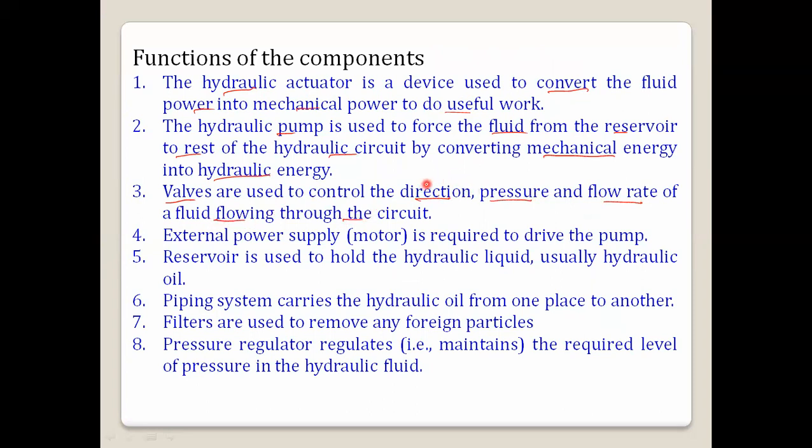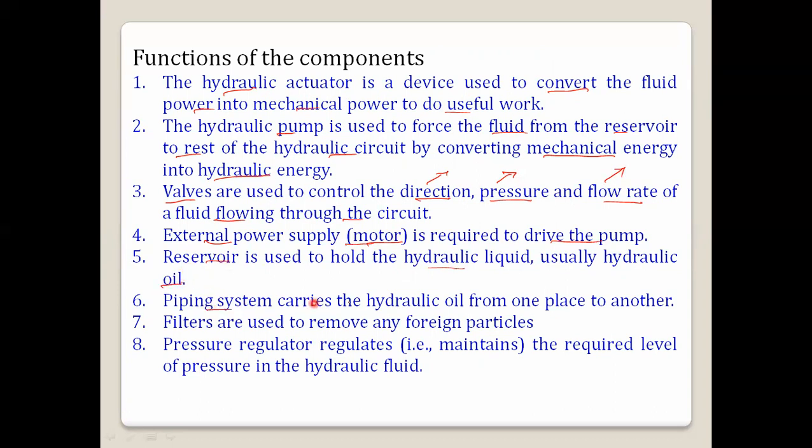The direction control valve controls the direction, the pressure control valve controls the pressure, and the flow control valve controls the flow. We also require an external power supply, the electrical motor, which is required to drive the pump. The reservoir is used to hold the hydraulic liquid, usually hydraulic oil.